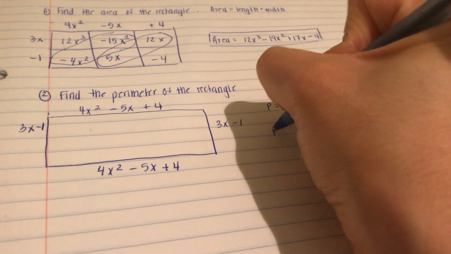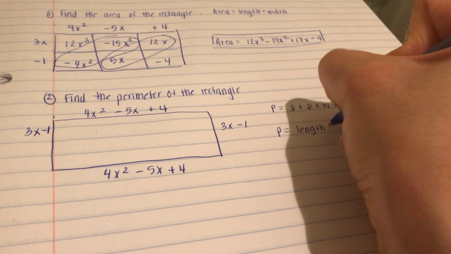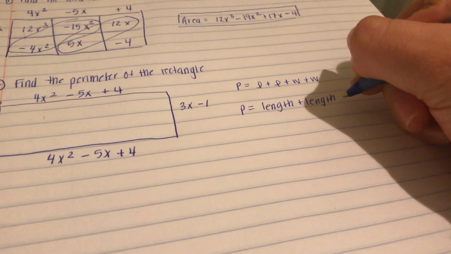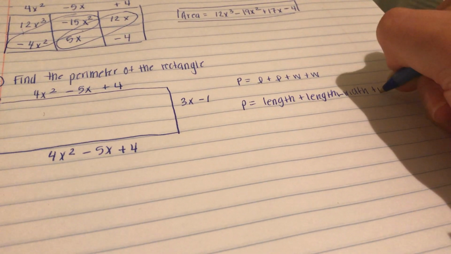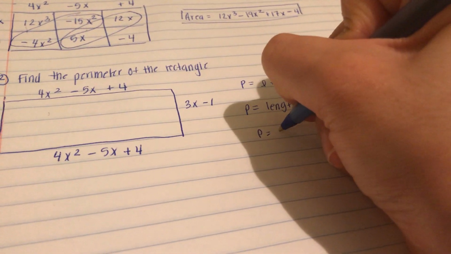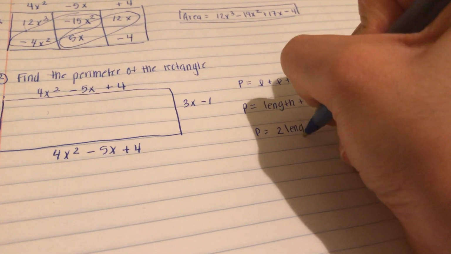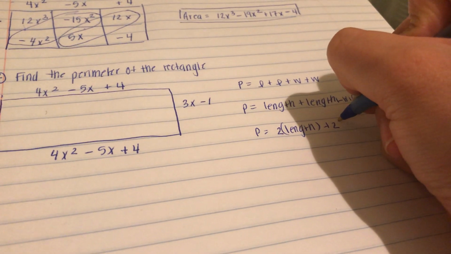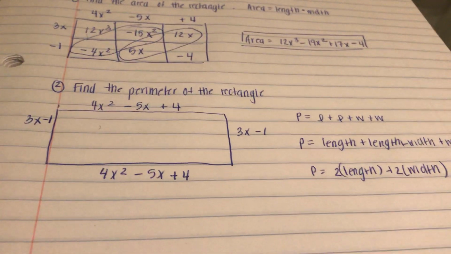Or if you want to see it in words, the perimeter is just a length plus length plus width plus width. Or another way to write it is 2 times the length plus 2 times the width. Okay, there's different ways to find the perimeter.